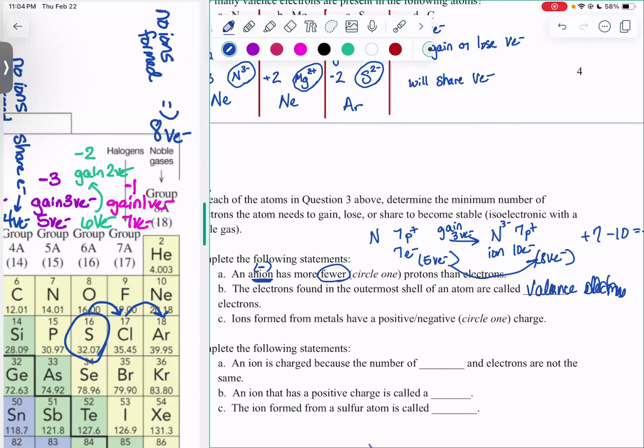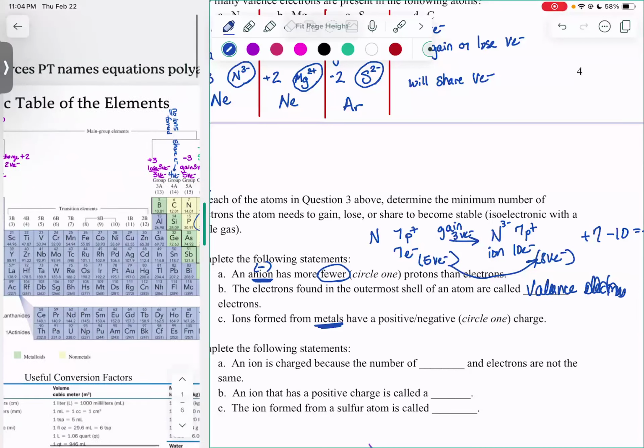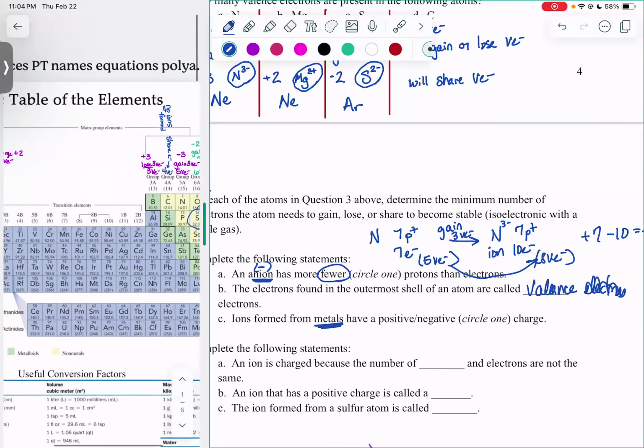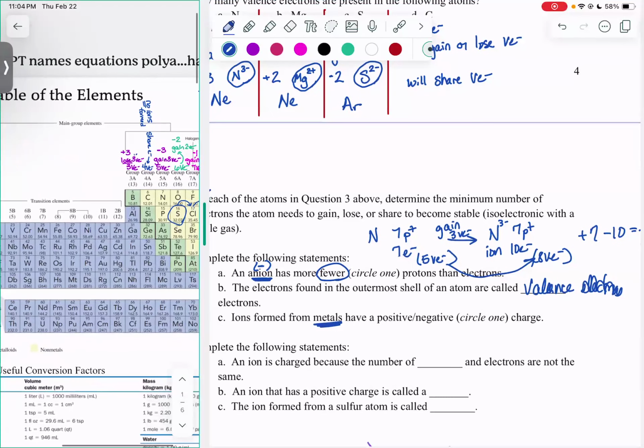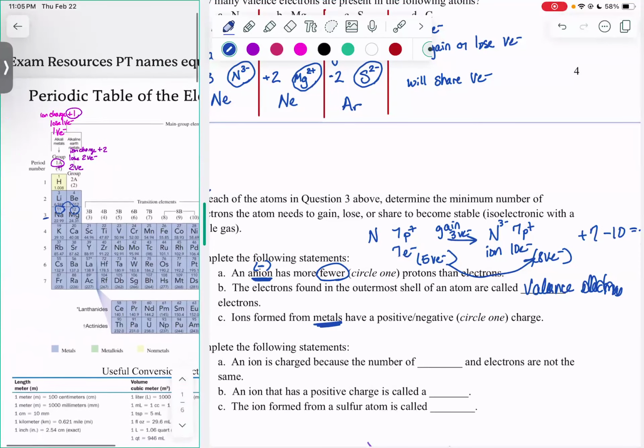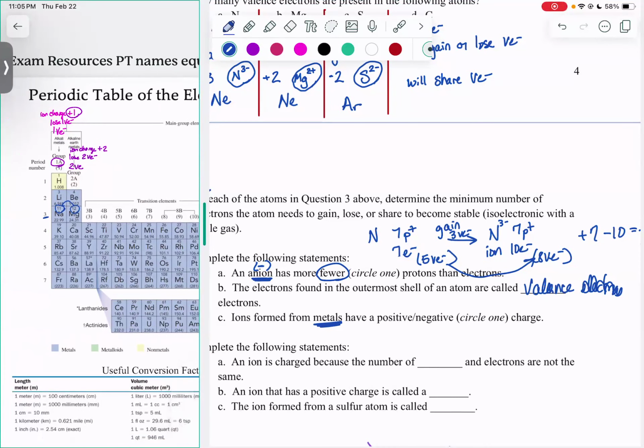Okay, ions formed from metals have a positive or negative charge? Well, metals, everything on the left-hand side of the periodic table, all of this blue stuff, are all going to make positive ions: +3, +2, +1.